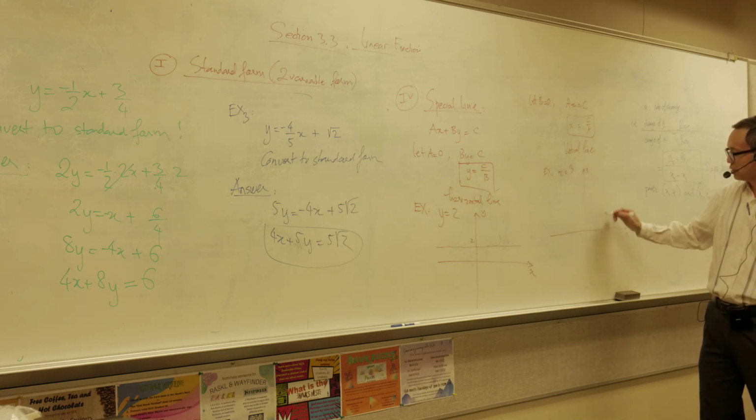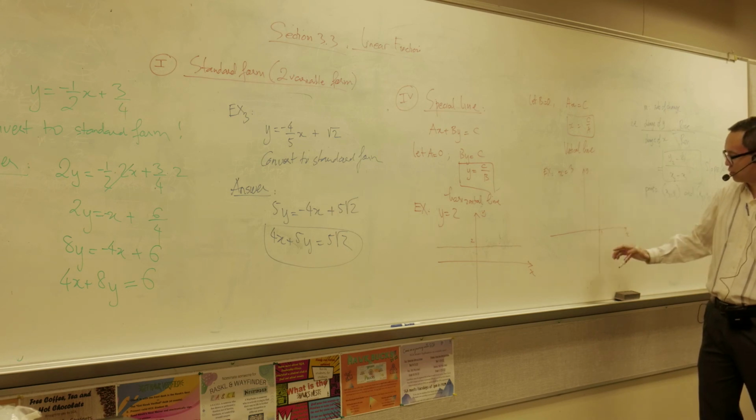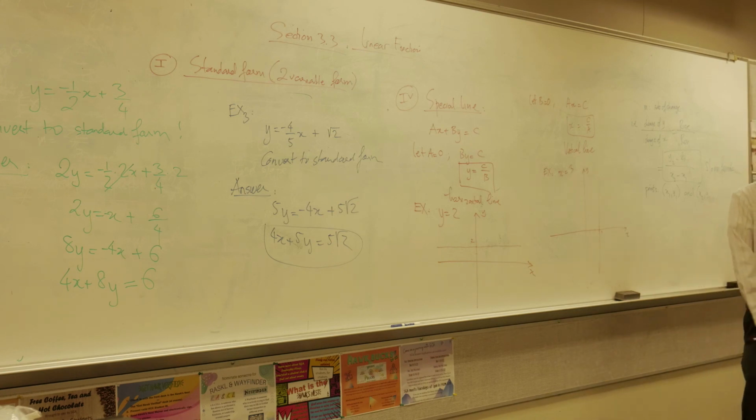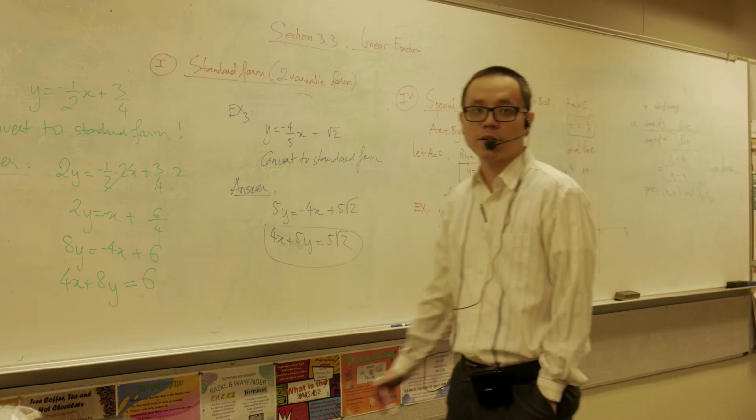So there's x, and it's always a vertical line. My line's not good, but let's try. A vertical line is always perpendicular to the x-axis. A horizontal line is perpendicular to the y-axis. Any questions on those special lines?